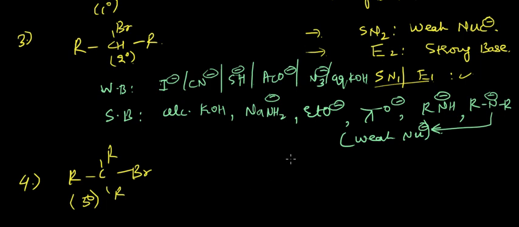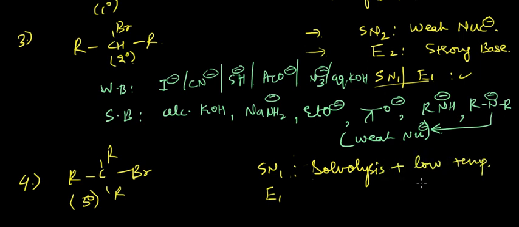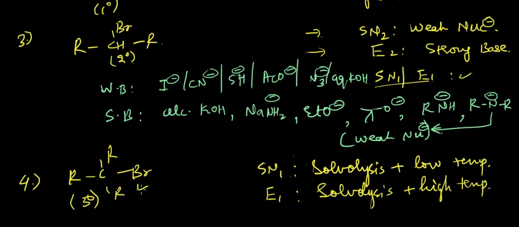So obviously the chances of going into SN1 and E1 are very high. For SN1 we need solvolysis plus room temperature, and for E1 we need solvolysis plus high temperature. It will itself convert into a positively charged carbocation in the intermediate.